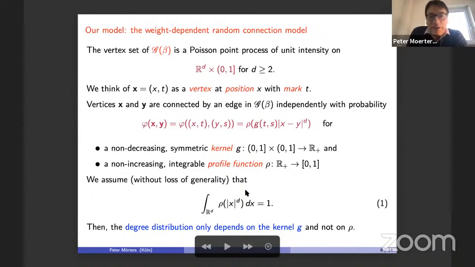The advantage of this is that the degree distribution, this is an easy calculation, does not depend on the rho. No matter what rho we choose, with this integral being equal to 1, the degree distribution just depends on the g.